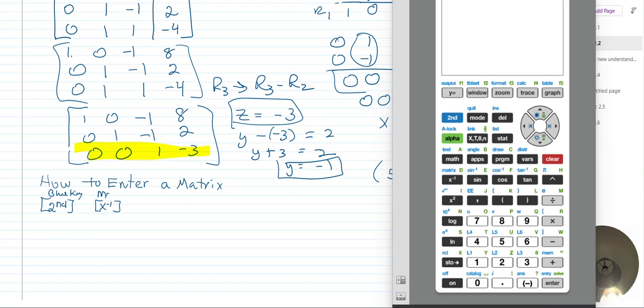It says matrix, because if you hit the second, you're talking about the top part. I don't have a blue highlighter, but I'm going to use the second key and that. But understand it's a blue key. All right. So this will open up the matrix window.